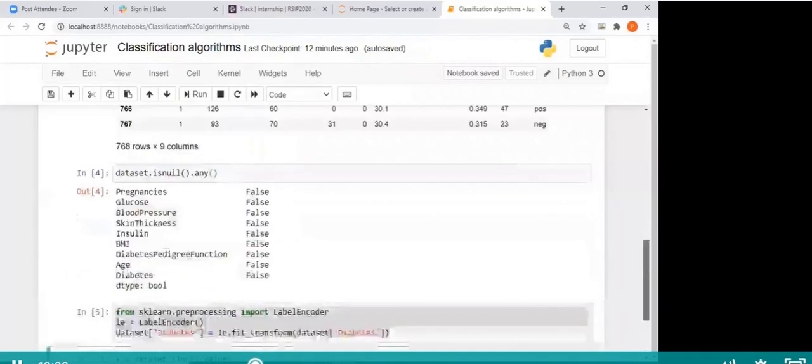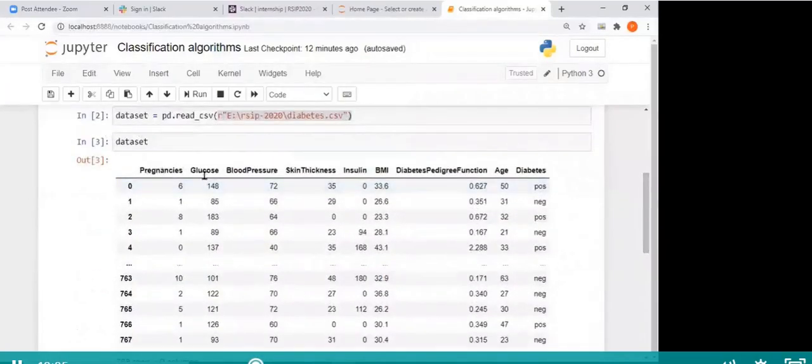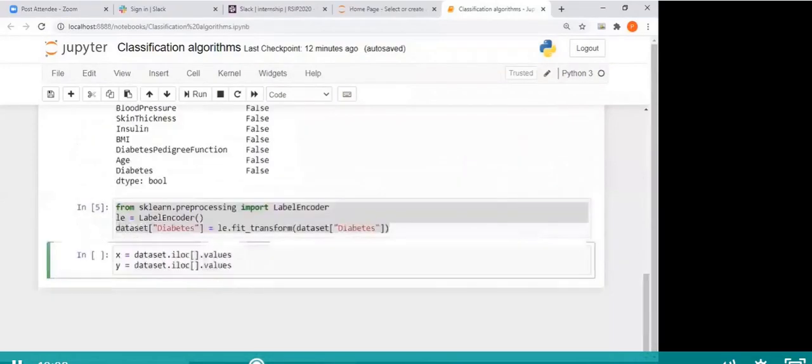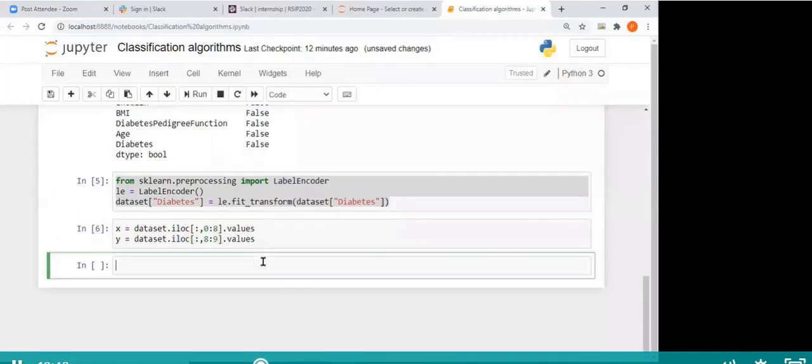Let's see whether that is correct or not. So this is 0, 1, 2, 3, 4, 5, 6, 7, 8. That's really good. So all rows, comma, 0th column to 7th column. If you want to grab 7, then you have to give it as 8. In the same way, all rows, comma, 8 to 9. So I want to grab the 8th column. So just execute that. So here X and Y got created.